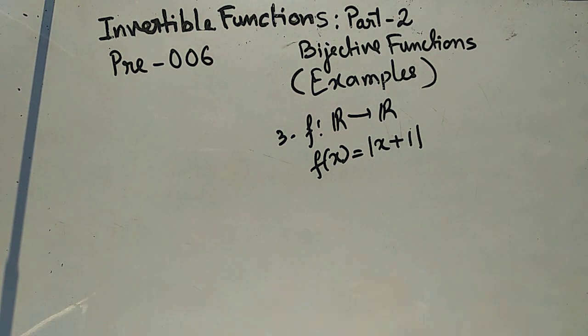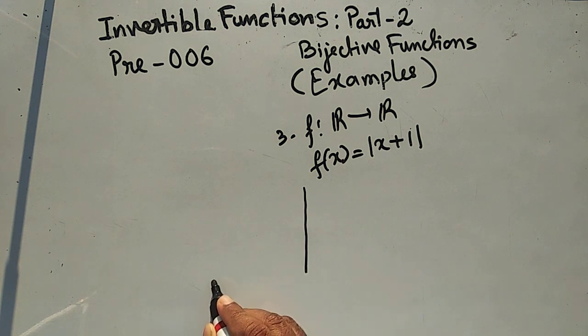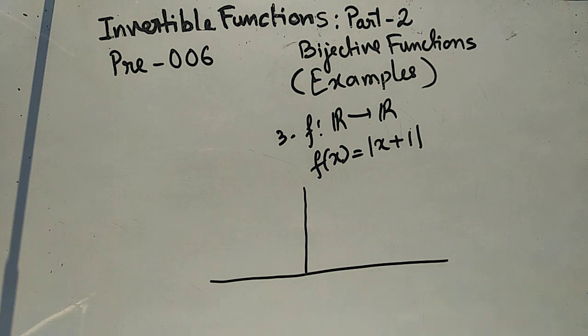This is very important to understand. Suppose this is your line. I told you in my previous video, in part 1, if you have sufficient information regarding the function, like its domain, its codomain, and how it is mapping, then on that basis we can select points and make a 1-1 function. Okay, so this is your -1.